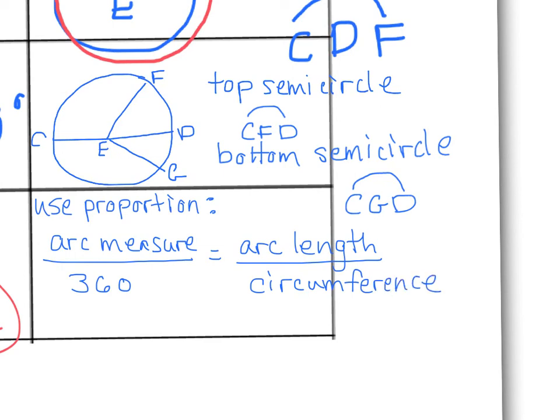So just a reminder that this is the piece that we're going to be looking for in those arc length problems. So you should be able, from the information given, to find the arc measure. You know it's out of 360, and then you already know how to find the circumference in the last section. So that's what we're looking at for our new vocab for today.